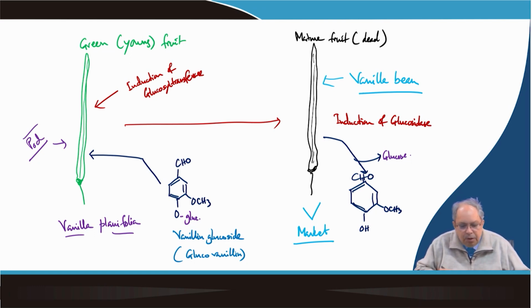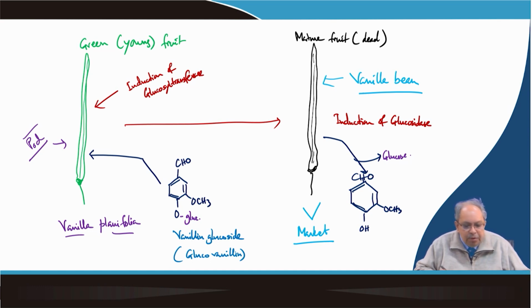Now, because of its demand, vanillin is the world's most favorite flavor compound. Because of its demand and its high cost, because 1 kilo of natural vanillin costs more than $4,000 or so, scientists were interested to understand how vanillin is synthesized in plants, with the aim of doing metabolic engineering in the future.